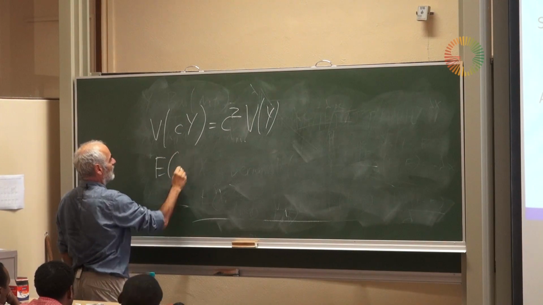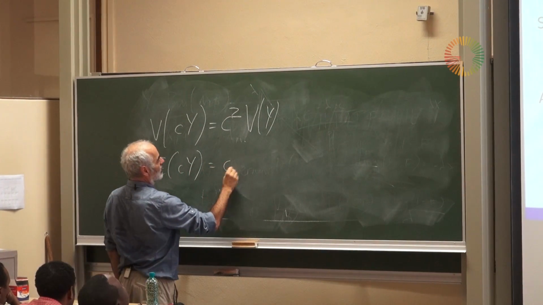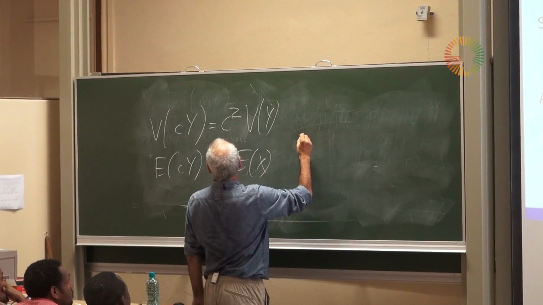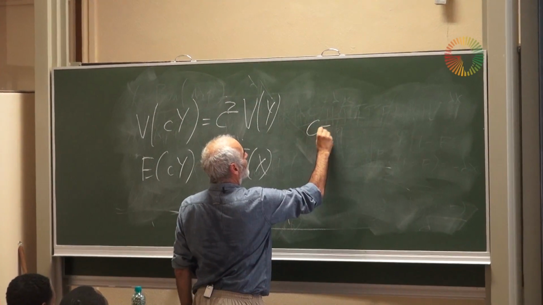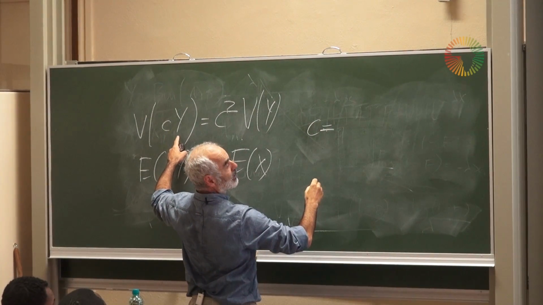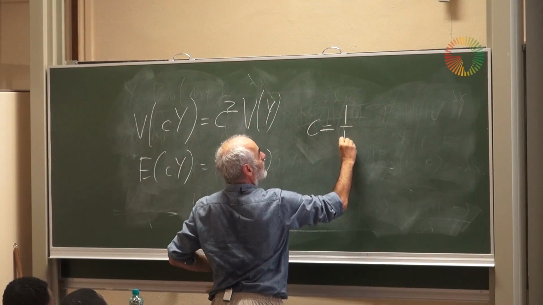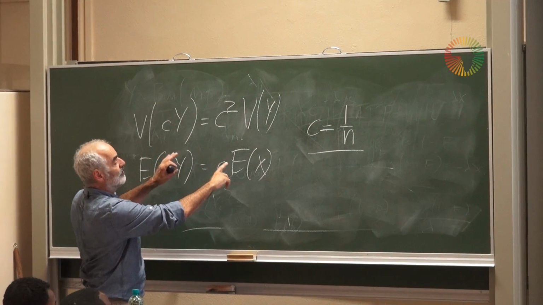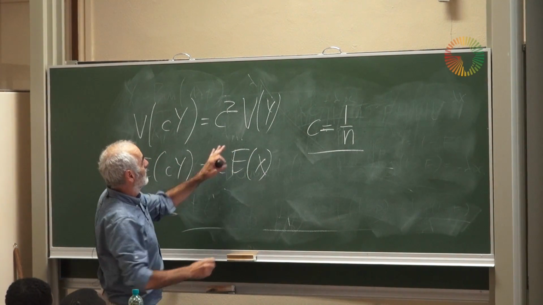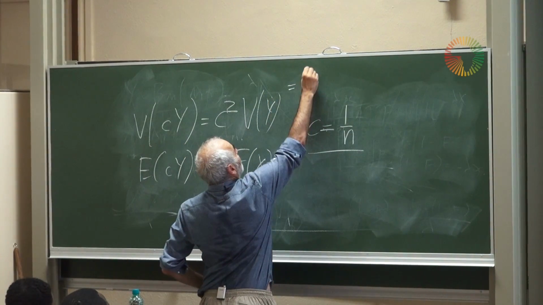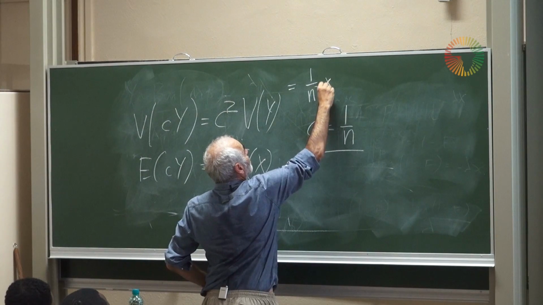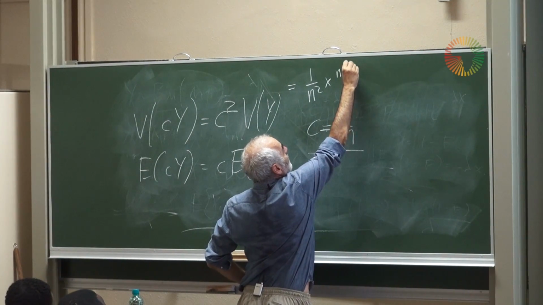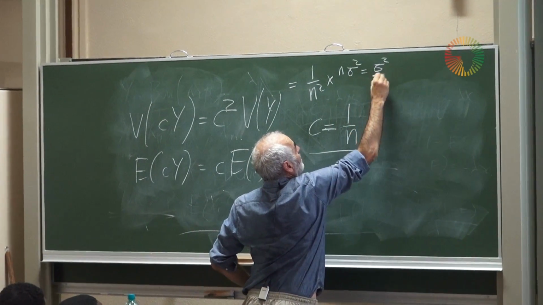And the expectation of cy is what? c times the expectation of y. So what do we have to let c equal here? 1 over n. If we let c equal 1 over n, then we have 1 over n squared times the variance of y. What's the variance of y? n sigma squared. And that means we get sigma squared over n.